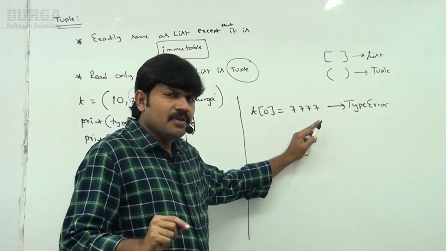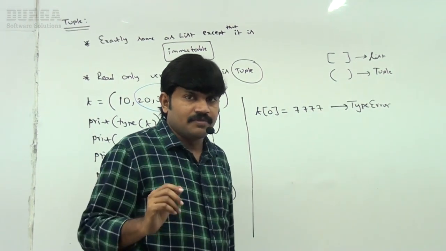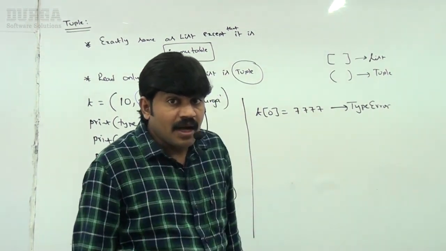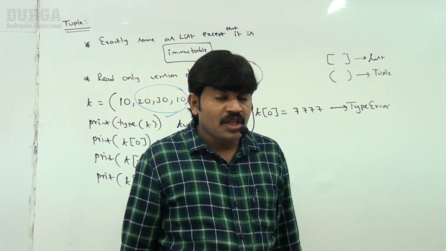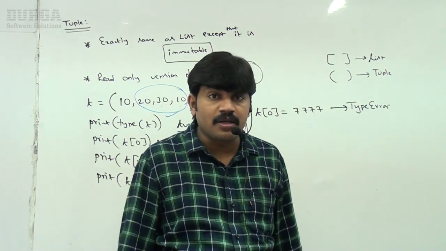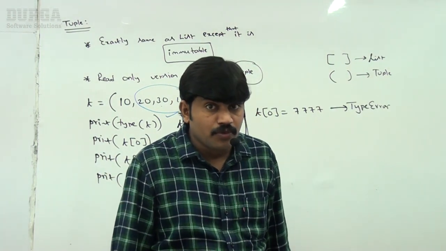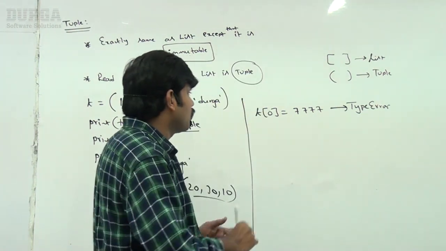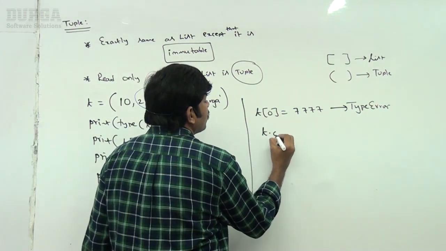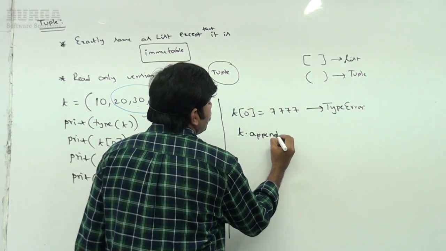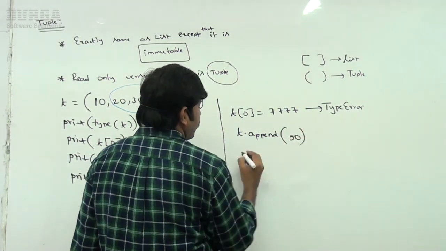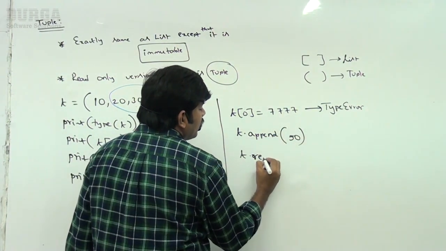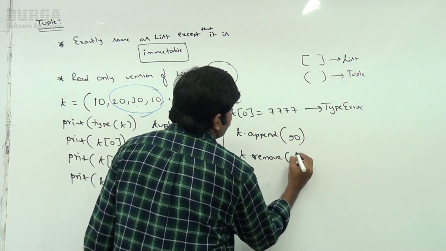Okay, so that's all. This is what you people should be aware of clearly about this immutability, right? Sir, if you want to add a new element in the list, which method did I cover? Append method. If you want to remove an element, I covered remove. So can I use the same methods for the tuple or not? T dot append of 50, I'm trying to add. T dot remove of 10, I'm trying to remove.